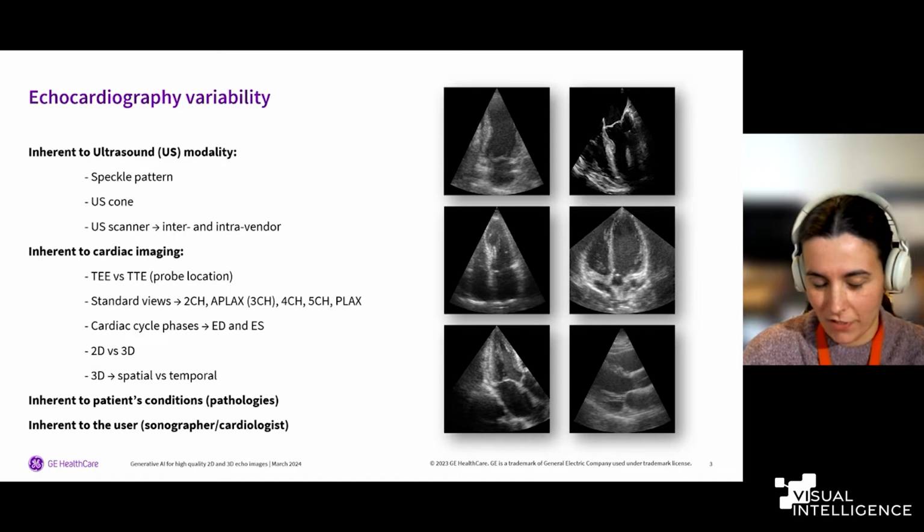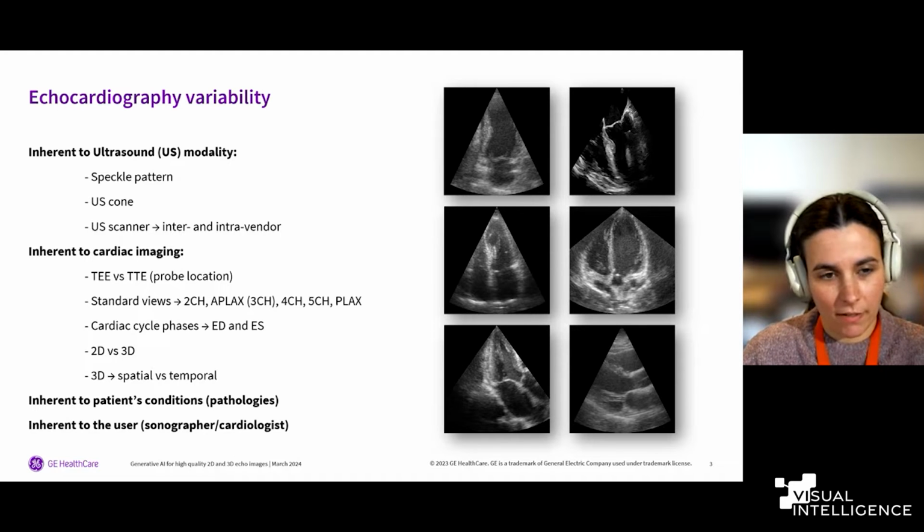Also, it's dependent on which type of scanner we are using to acquire the images, not only within the same vendor, because they can be different models, but also across vendors. So it's very difficult to get a data set which is consistent, because of these variables associated with it.